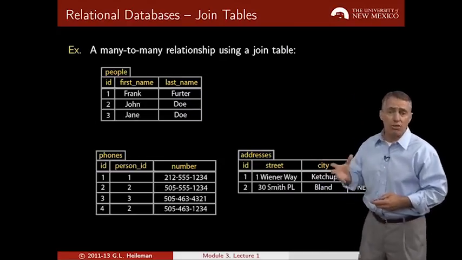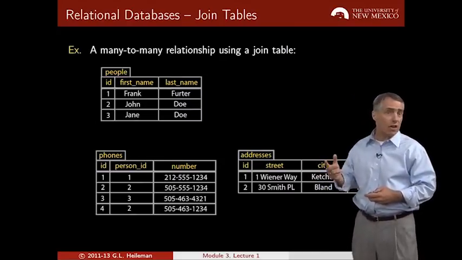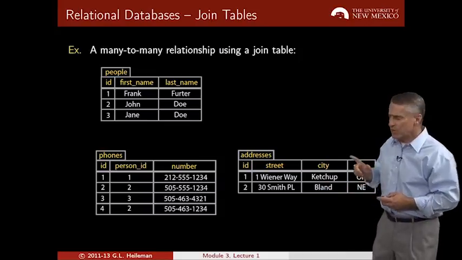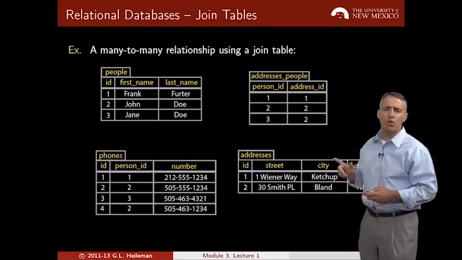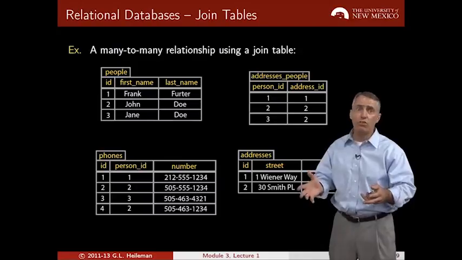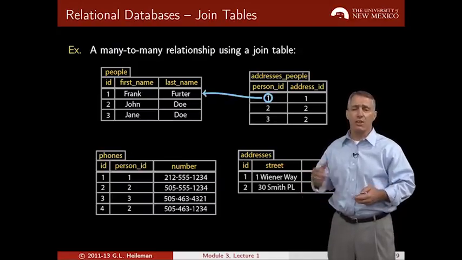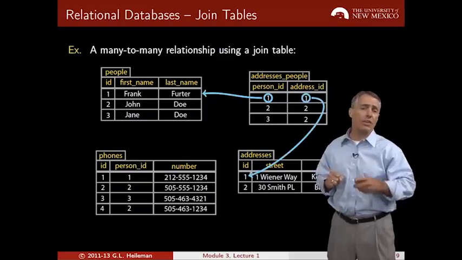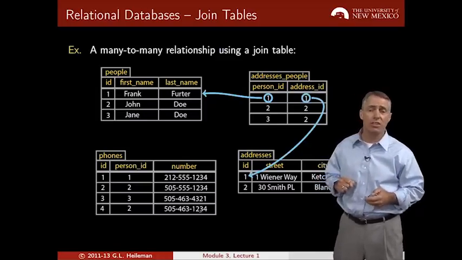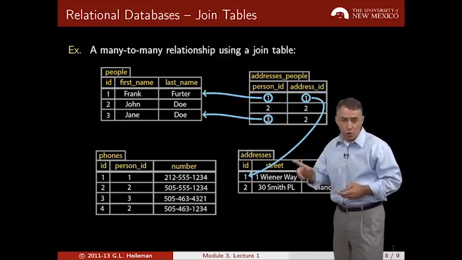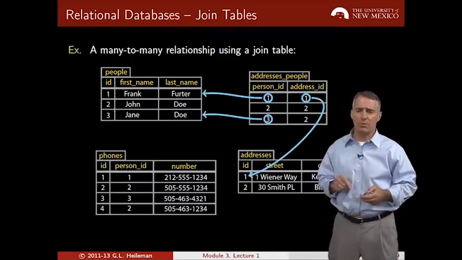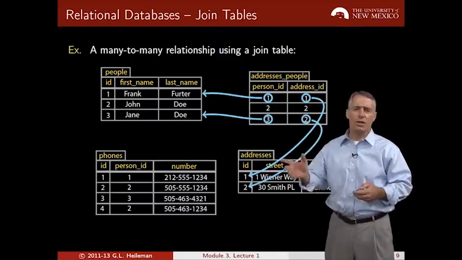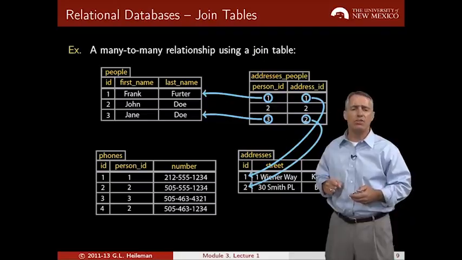Again, we've reduced it to two addresses because Jane and John Doe lived at the same address. But we've got to create this join table now that joins the two. Notice it only stores foreign keys. The person ID in the first row points to Frankfurter, and the address ID points to his address. In the third row of this join table, we point to Jane Doe, and that foreign key points to her address.